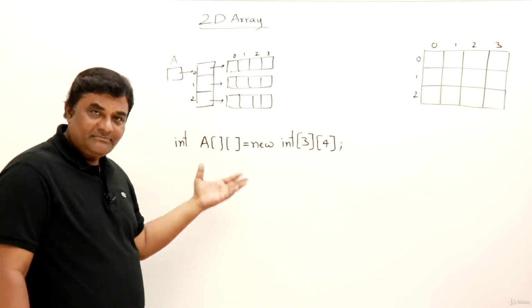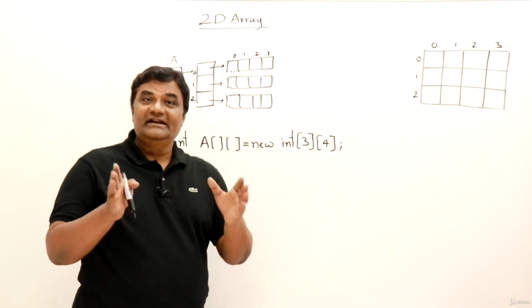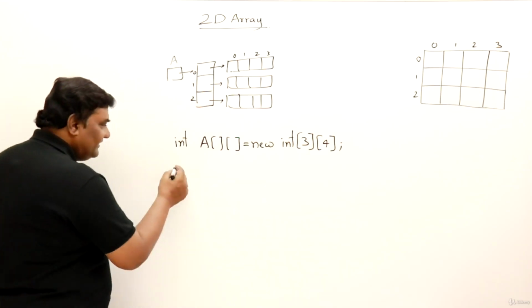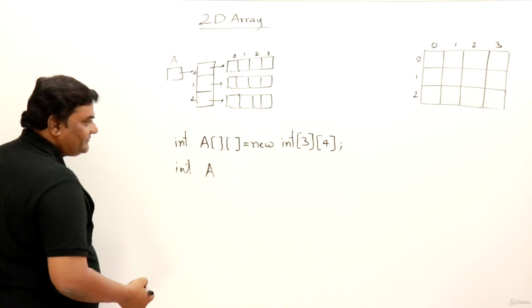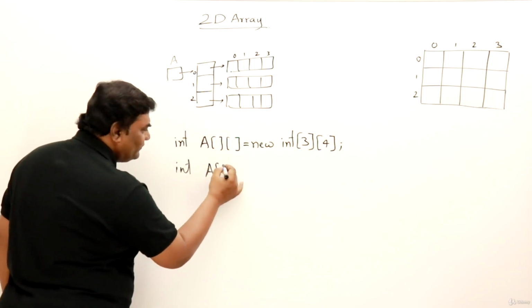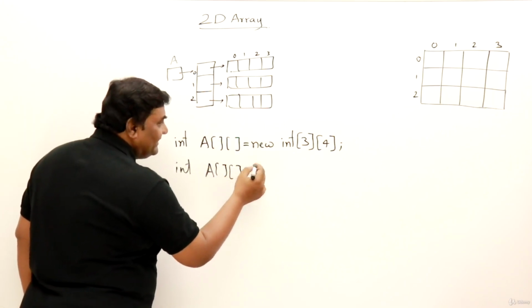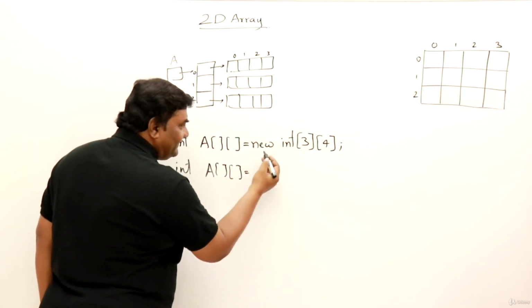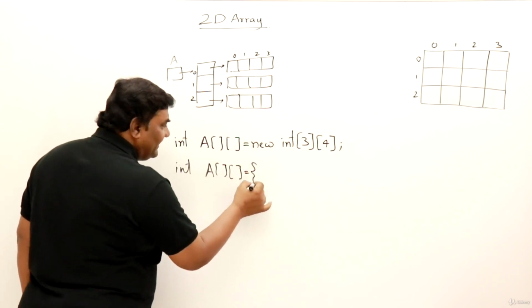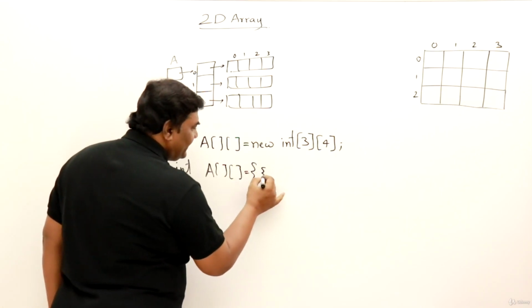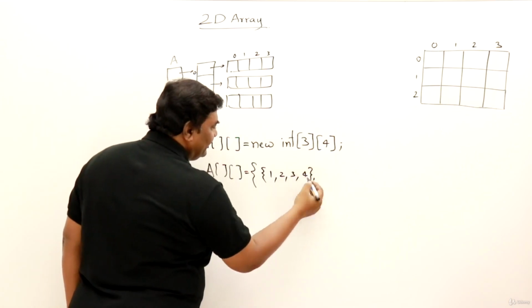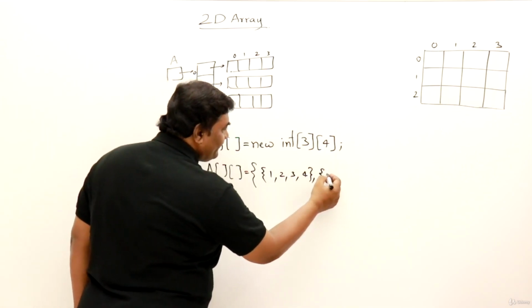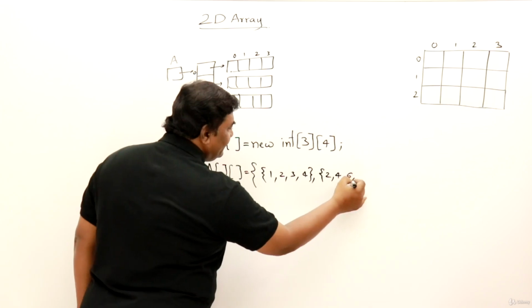Now I'll show you the other method of creating as well as initializing a two-dimensional array. Suppose I am creating an array and I want it initialized with some set of elements. I'll take the name as A only. This is a two-dimensional array. Now instead of giving the size and dynamically creating it, we can initialize it with some elements. Here I will write the elements 1, 2, 3, 4, and next, after a comma, the next row is 2, 4, 6, 8.